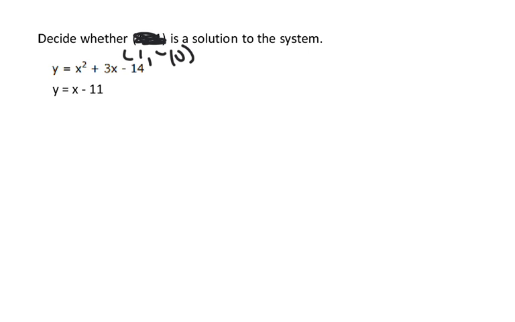Okay, so last example. Why don't you pause this one, try it on your own, come back and watch it and see if you get the correct answer. I had a little mistake here on my PowerPoint. On your paper it says decide whether (1, -10) is a solution to the system. We're going to start with the top equation. y equals x squared plus 3x minus 14.